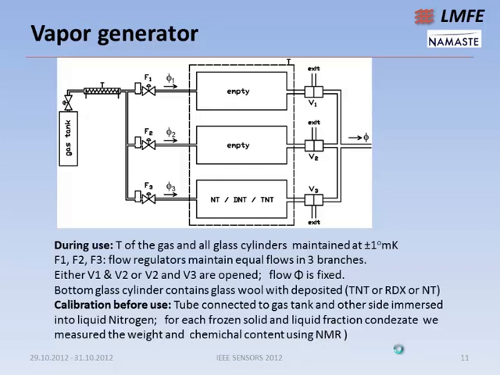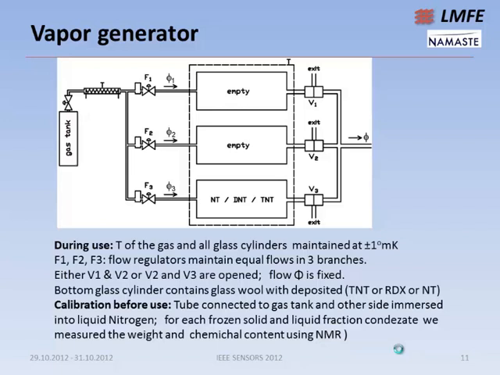Here we have valves, and we maintain the output flow constant by opening either this and this gate or this and this gate, so we always have the same flow. When we open this and this, we get half of the vapor pressure of the particular element. If we open that and that, of course, we have only nitrogen.